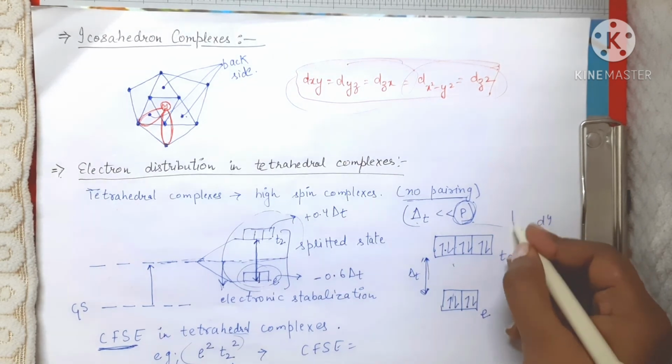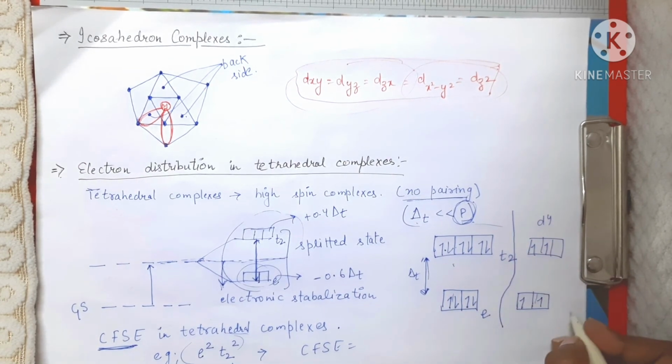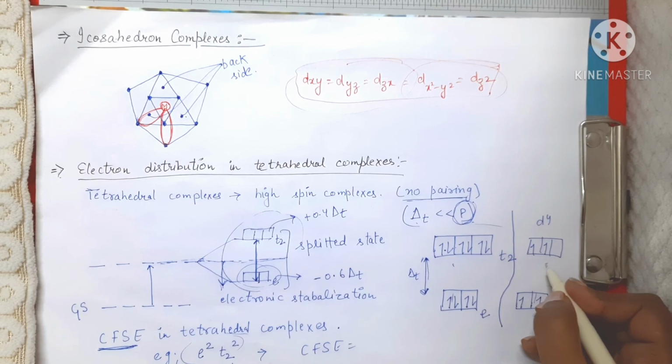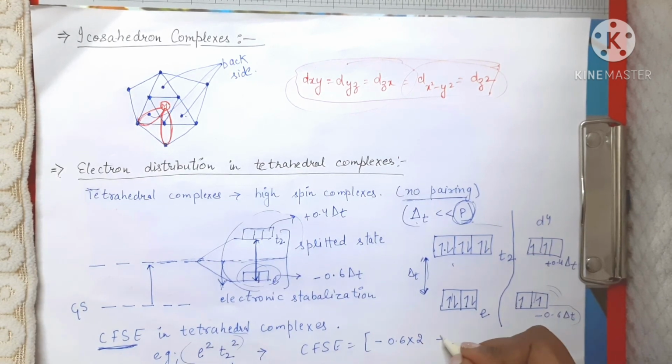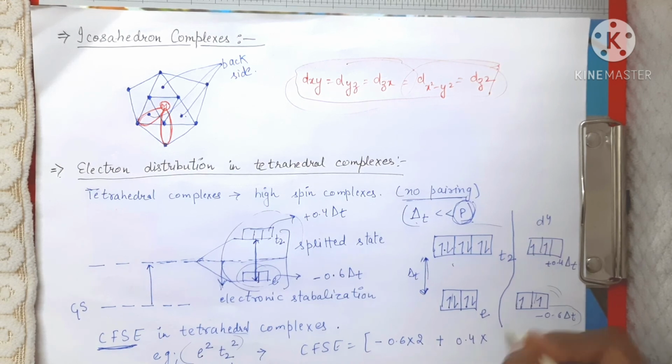The E orbitals contribute minus 0.6 delta T and the T2 orbitals contribute plus 0.4 delta T. So CFSE will be equal to minus 0.6 into the number of electrons present in the E set, that is 2, plus 0.4 into the number of electrons present in T2, that is 2. After that you can calculate, that will be minus 1.2 plus 0.8, that is minus 0.4 delta T.